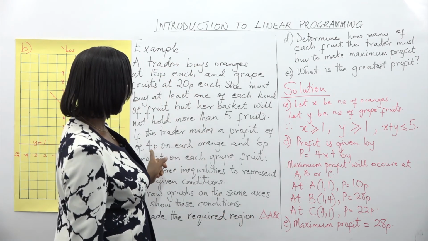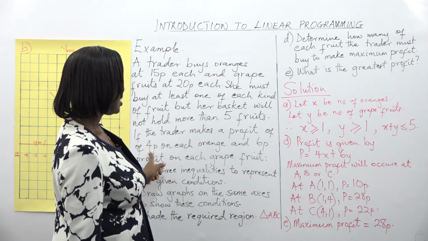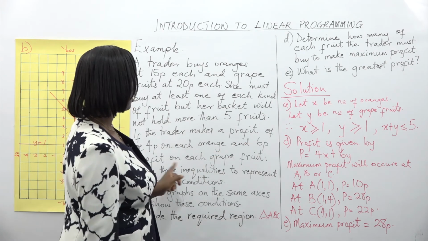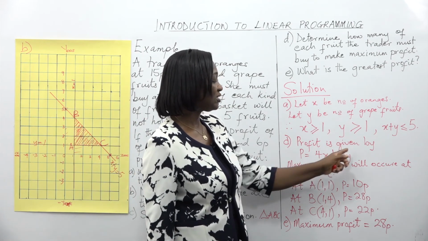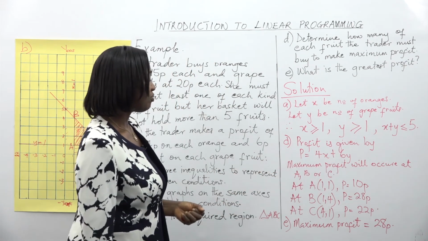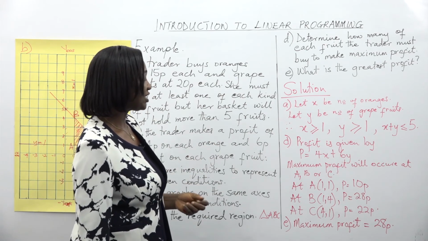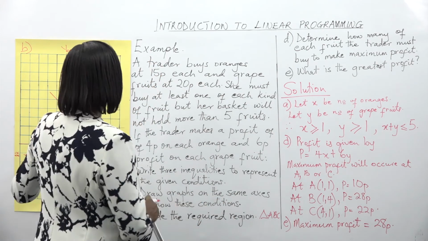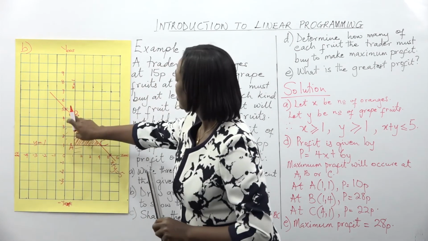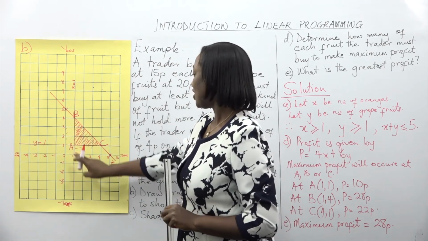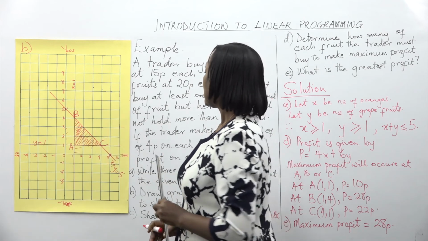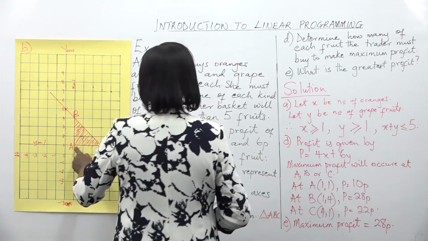Since x is oranges, and y will be grapefruits. So 4x plus 6y, that will be the profit. So now we need to find the maximum profit. The maximum profit will occur at the vertices of the triangle. That's where you will get the maximum or minimum profits.